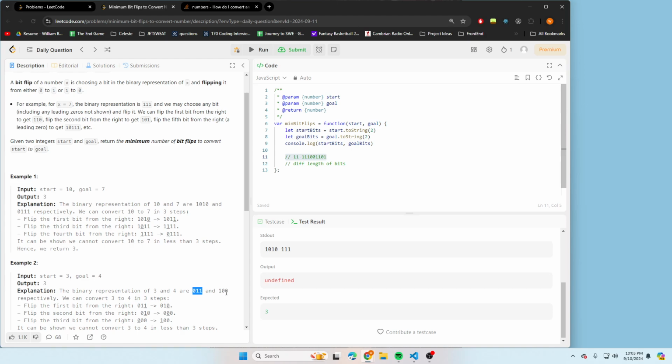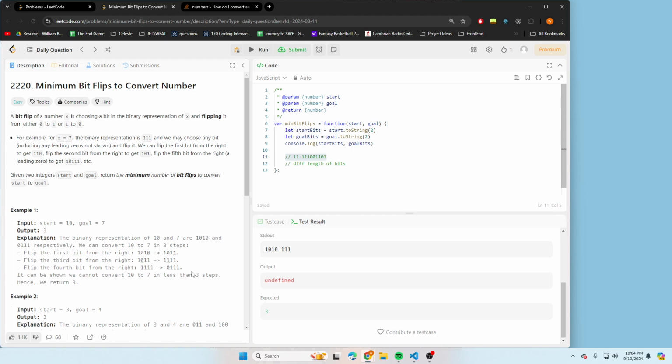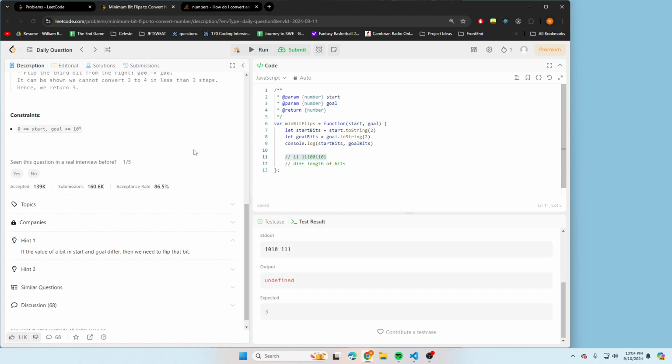If this bit is smaller than that bit, then we push in a number or shift a number. That's not really performant per se. Can I hit the hint? XOR operation with its bits needs to flip, XOR operation.